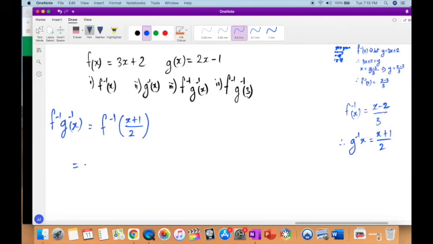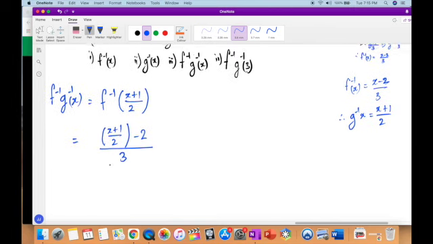So that is equal to, f inverse x is x minus 2 on 3. That's quite a dread piece of algebra there.